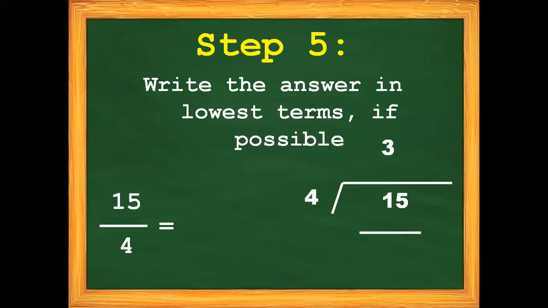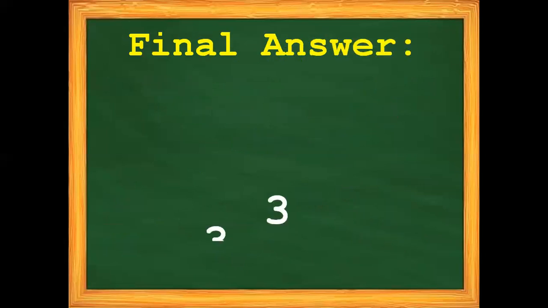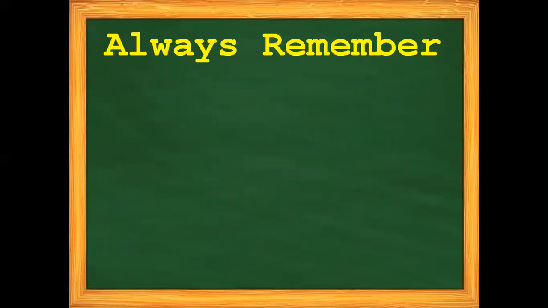The answer is 3. 3 times 4, the product is 12. 15 minus 12, the answer is 3. So the mixed number for 15/4 is 3 and 3/4. So the final answer is 3 and 3/4.